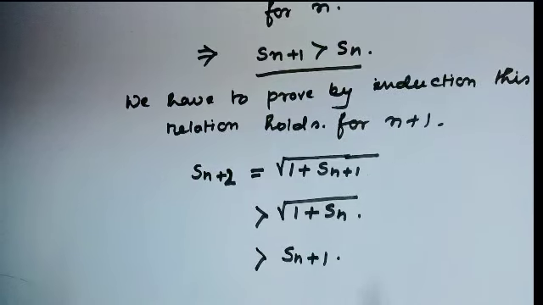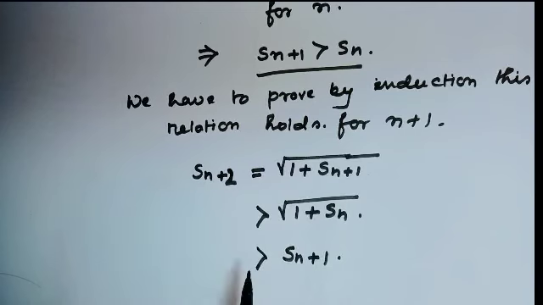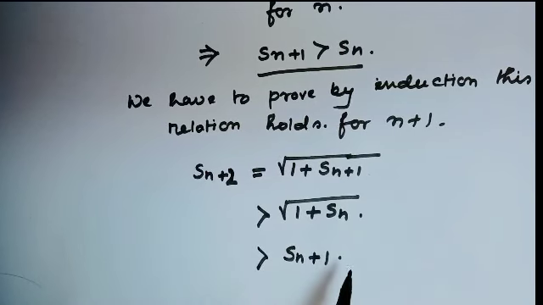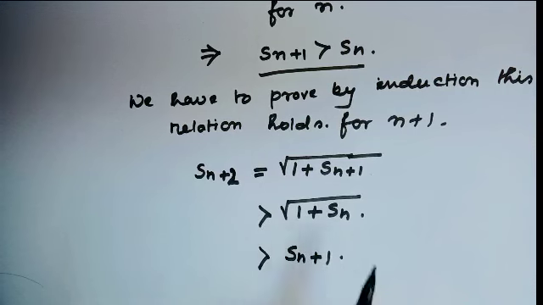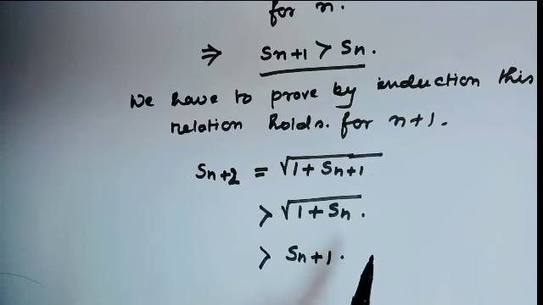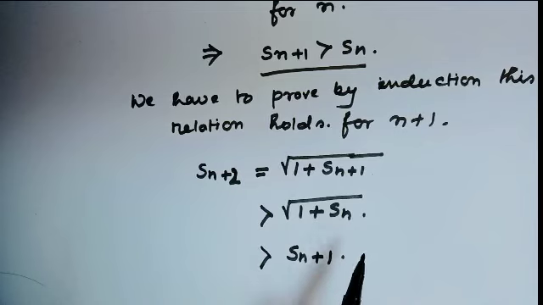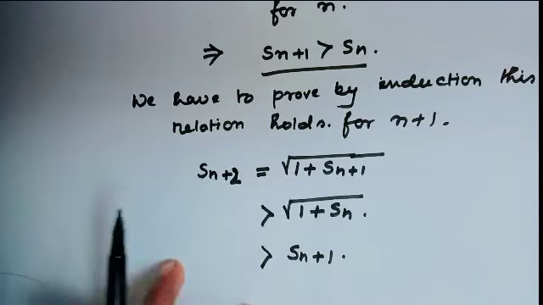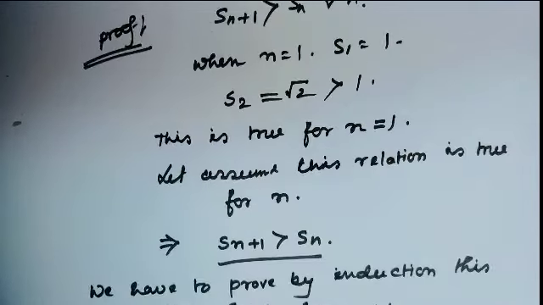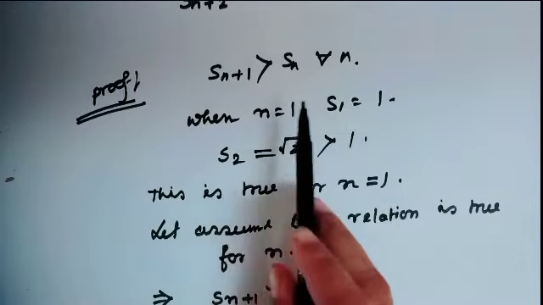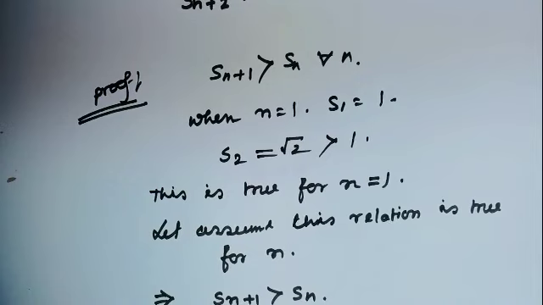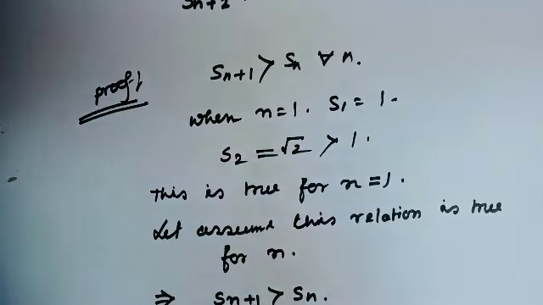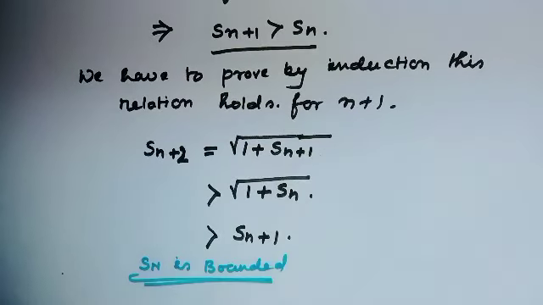That means S(n+2) greater than S(n+1). So it is true for n plus 1. Then I can write by induction S(n+1) strictly greater than Sn for all n. Okay? Alright. Now we have to prove Sn is bounded.